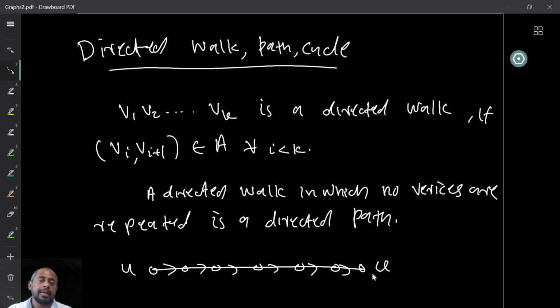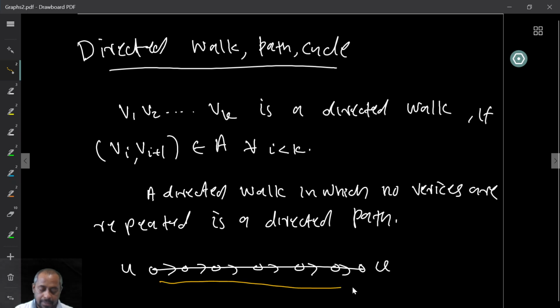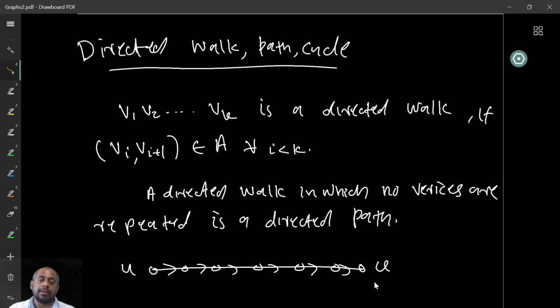Now, a directed walk in which no vertices are repeated is called a directed path, just like we defined in the case of undirected graphs. And here is an example: you have a u-v directed path. What we have to notice is that the arcs are in the direction of the walk, so it always goes forward.